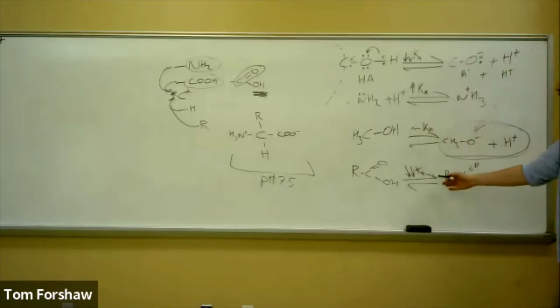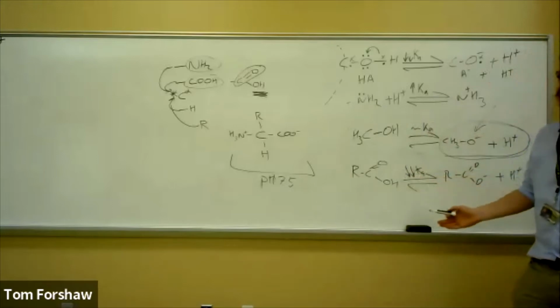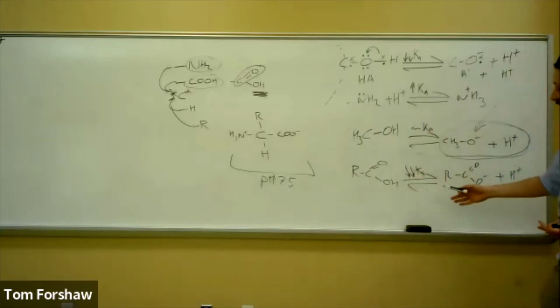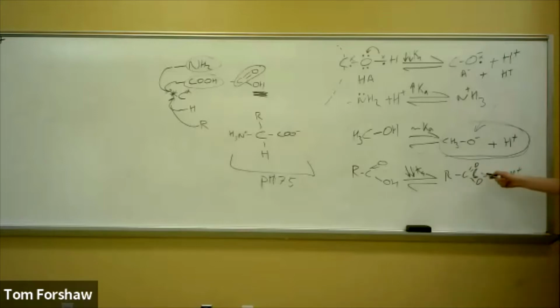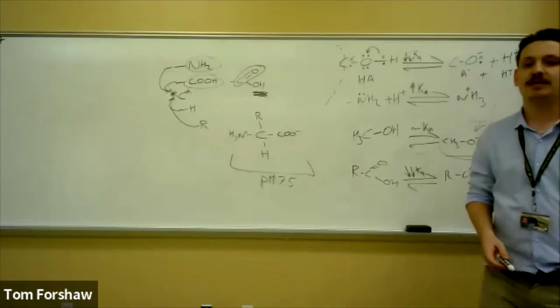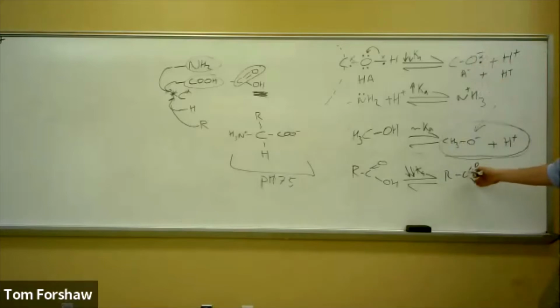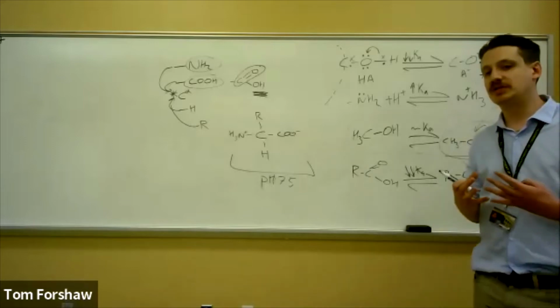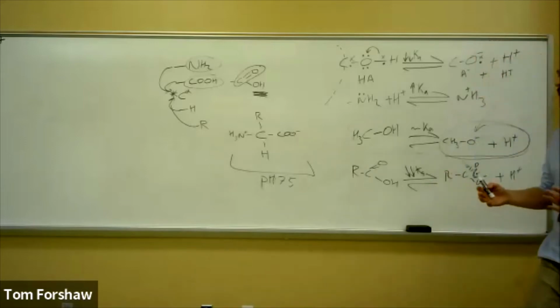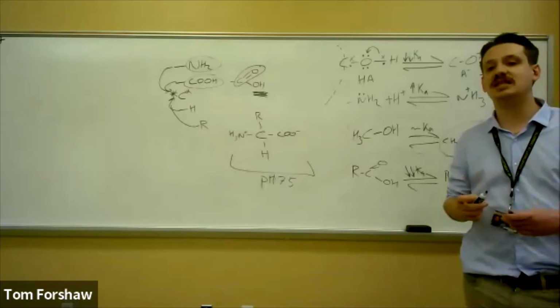Whereas conversely, this carboxylic acid, it's not a strong acid, but it's fairly comfortable to donate its proton. The reason is that this electron can move around between these bonds, and you have something called resonance stability. That has to do with the fact that this double bond has pi bonds, and the shape of those pi bonds allows the electron clouds to be spread over that whole area, and it delocalizes the electron.